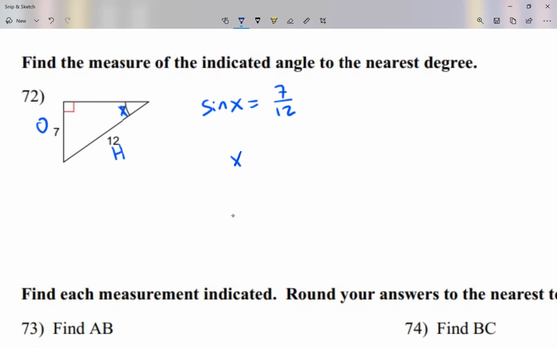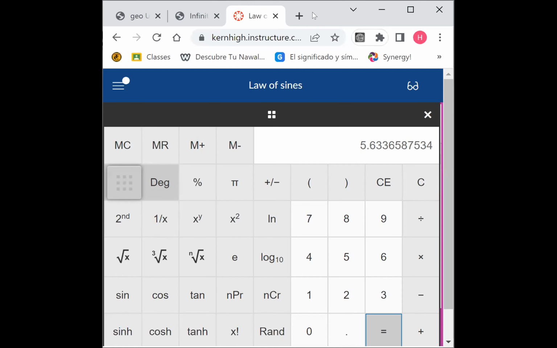So I'm just going to say that x is equal to sine inverse of 7 over 12. Okay. Remember, we saw this inverse. I'm just doing a review. So we saw this inverse not too long ago. So let me use my calculator for this. Let me clear this out.